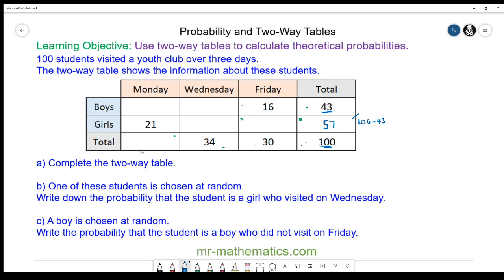And we can work out this value by doing 100 minus the 34 minus the 30, and that comes out as 36. And this one we can work out doing 30 take away the 16. And that works out as 14. So I'll give you a couple more minutes to finish it off, and then we'll go through the probability questions together.